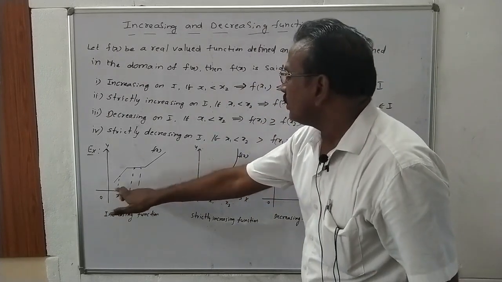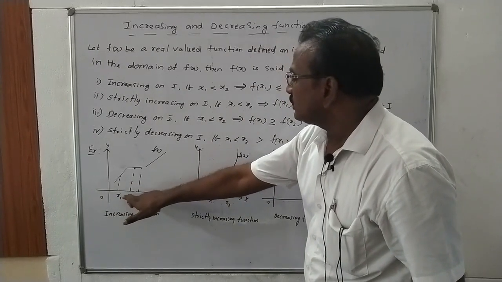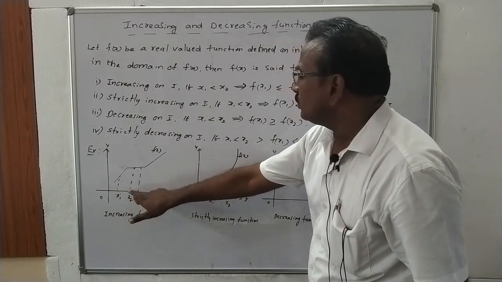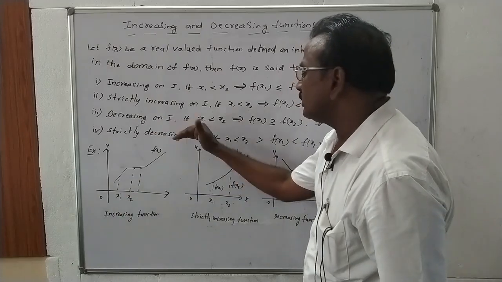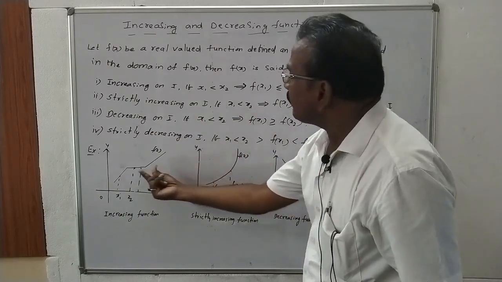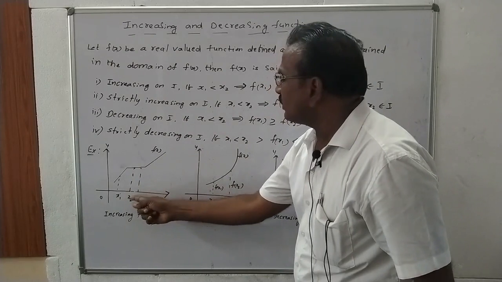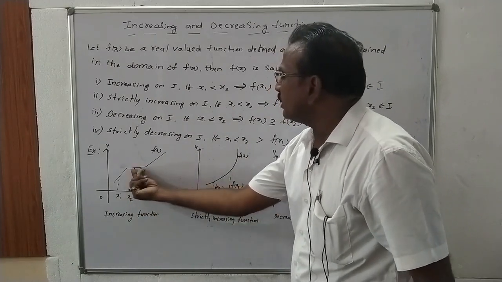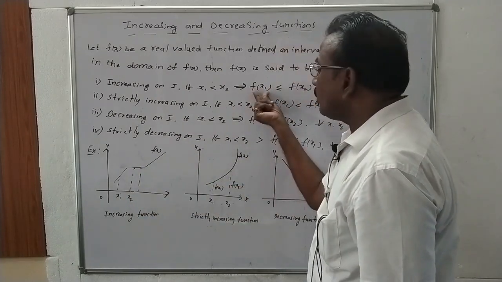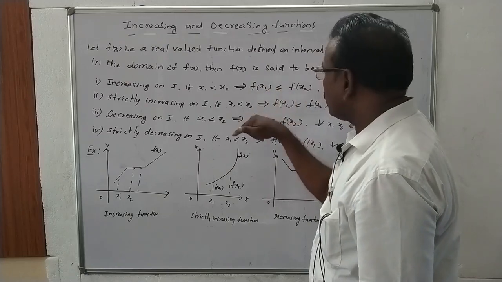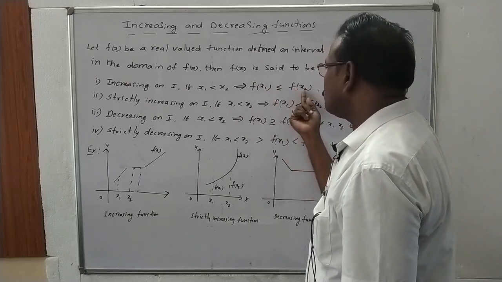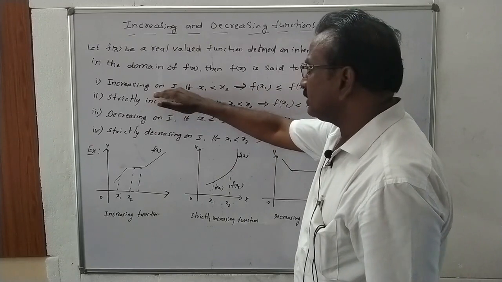The height of the graph is increasing, therefore the function is increasing. Sometimes f of x2 and f of x3 are equal, that's why, if the height of the graph at x1 is less than or equal to the height of the graph at x2, then the function is said to be increasing.